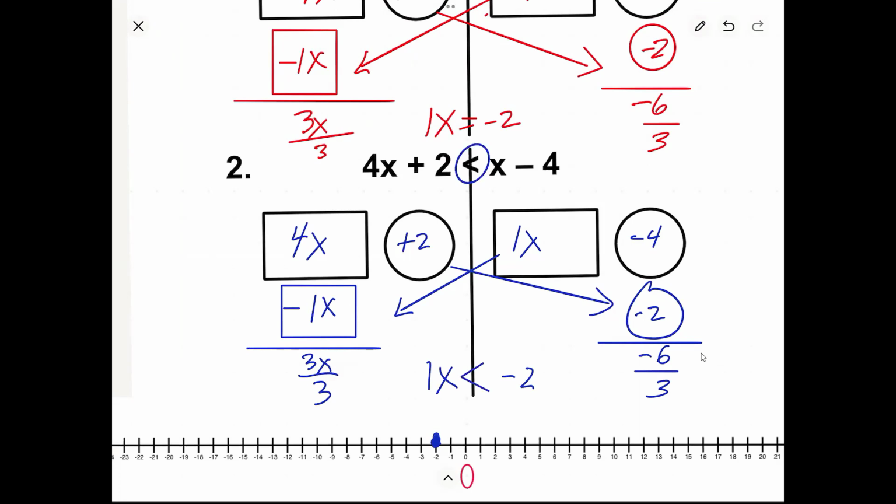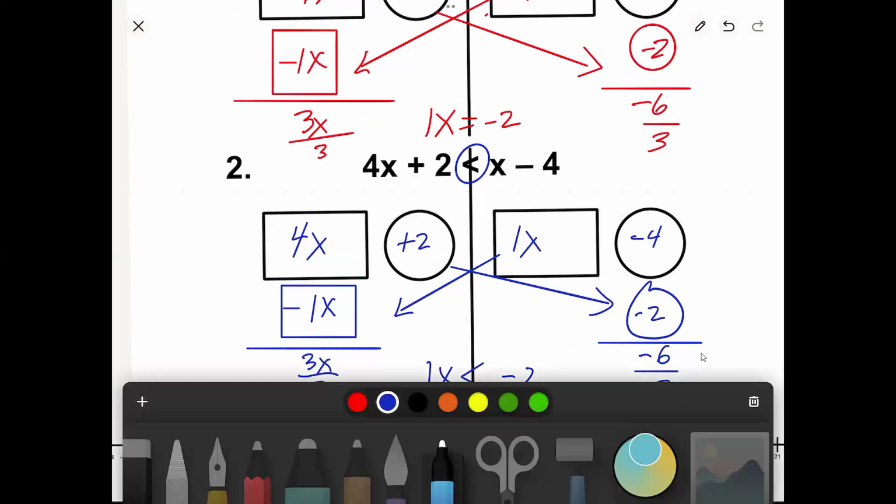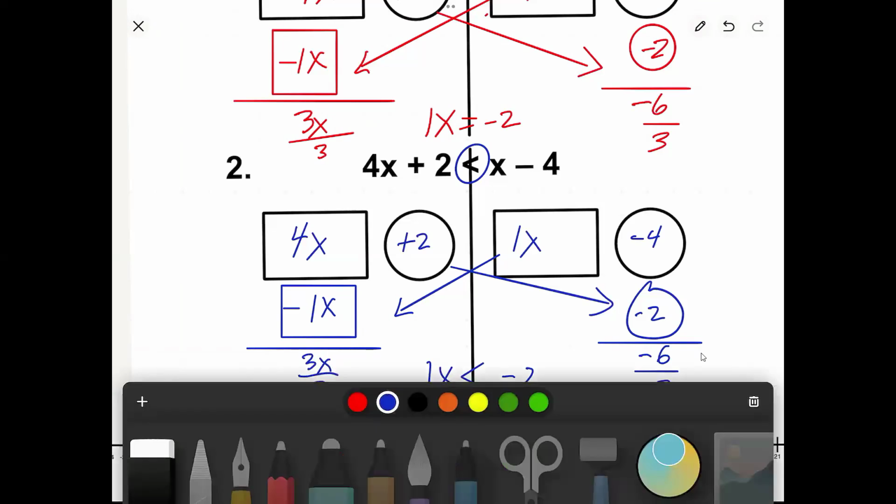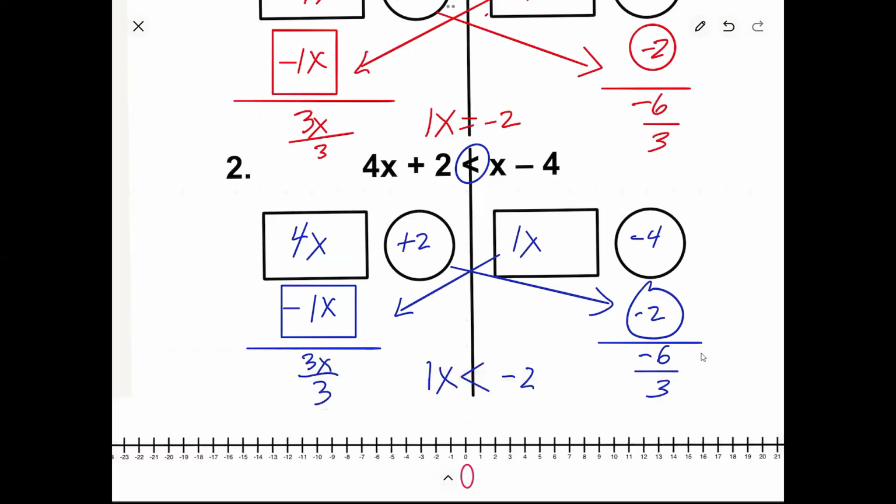Now, if I am going to plot this, let me clean this up a little bit. The first thing I would do is go to a negative 2, but because it doesn't have an equal sign, it's going to be an open circle.